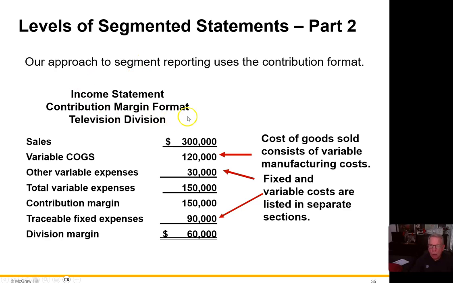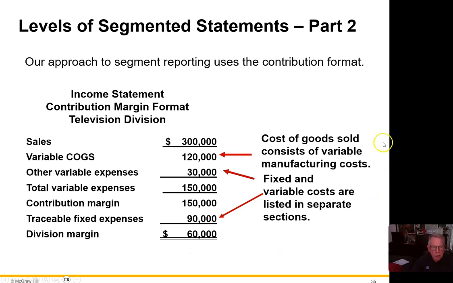And here's our contribution margin format, where we have our sales, our variable cost of goods sold, our other variable expenses, and our total variable expenses. Our contribution margin's $150,000. We have traceable fixed expenses of $90,000, and that gives us a division margin of $60,000.